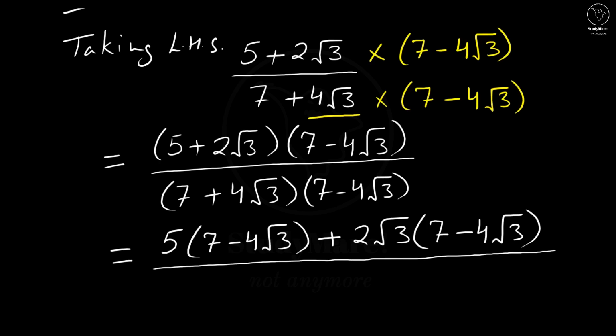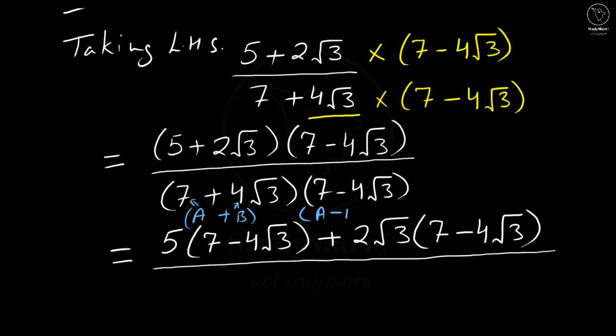Looking at the denominator, you can identify we have an identity, that is A plus B, where A is 7 and B is 4 root 3. Same we have here, A is 7, and here we have A minus B, where B is 4 root 3.